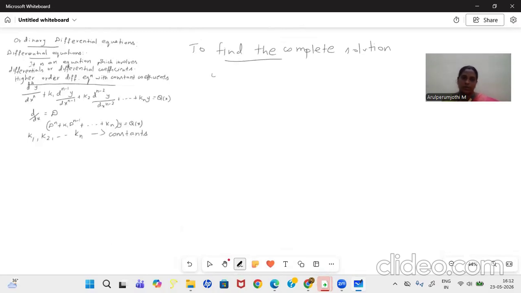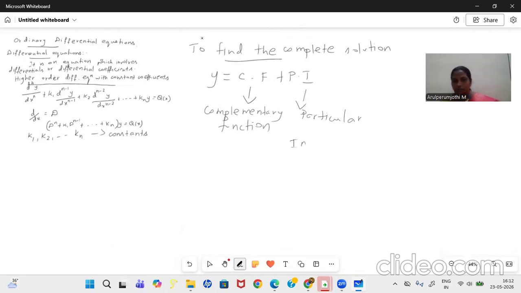This complete solution y is equal to CF plus PI. I'll tell you what is CF. It is the complementary function, and this PI is the particular integral.